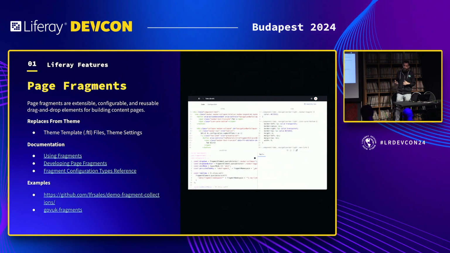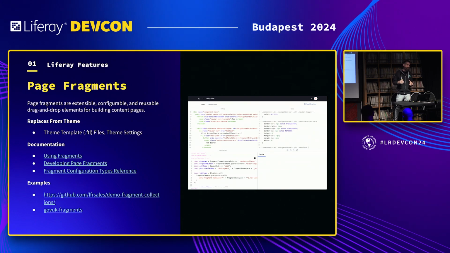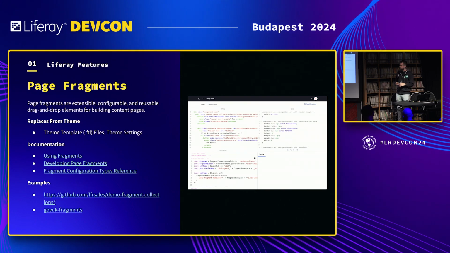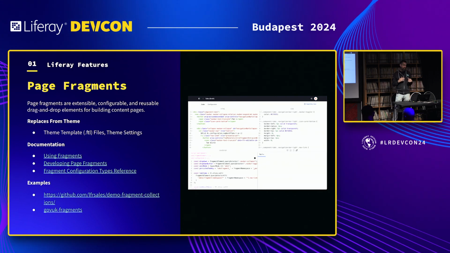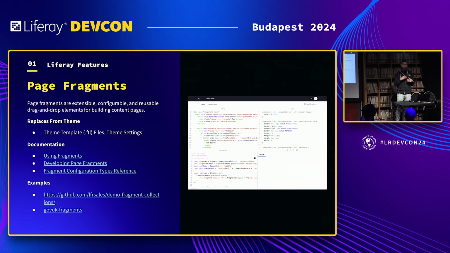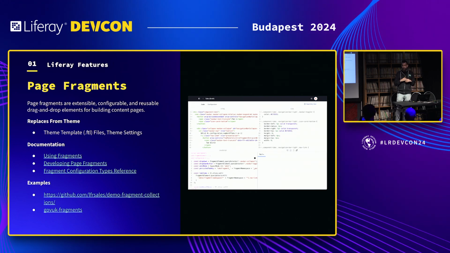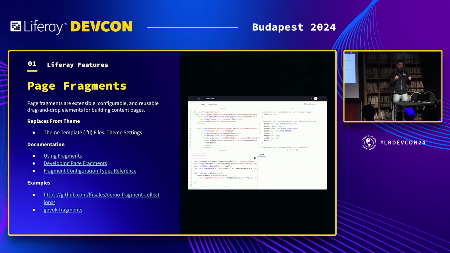Page fragments, of course, essential not just for building the master pages, but building everything else as well. And since you've got a lot of flexibility in terms of modifying your markup when it comes to page fragments, you've got the ability to map from content or from backend content in Liferay, right? This is really powerful because one of the things when you're thinking about implementing your design system is, okay, how do I control the markup?